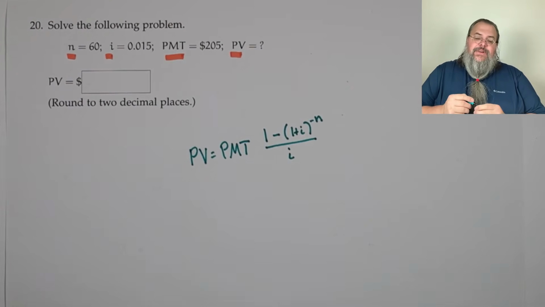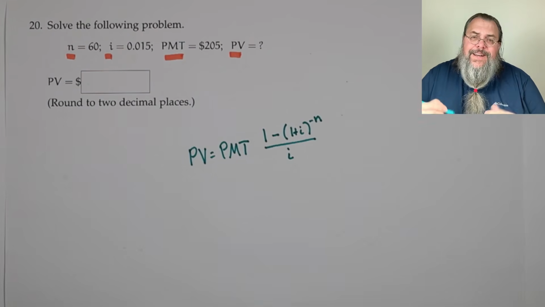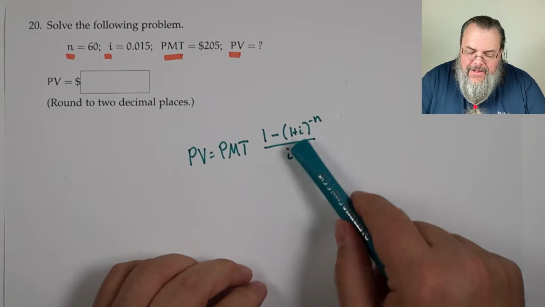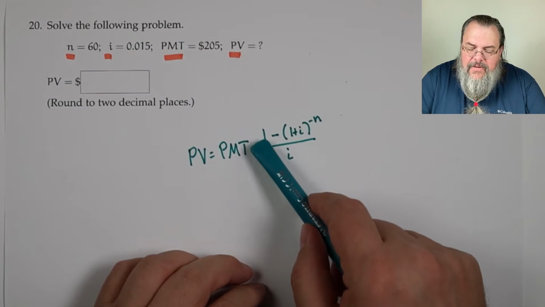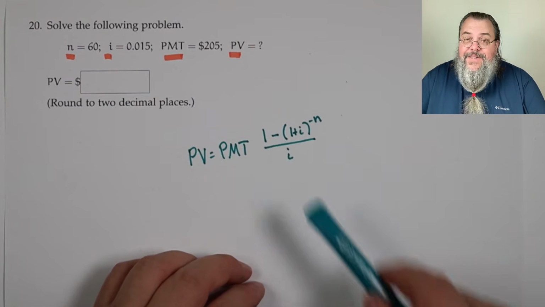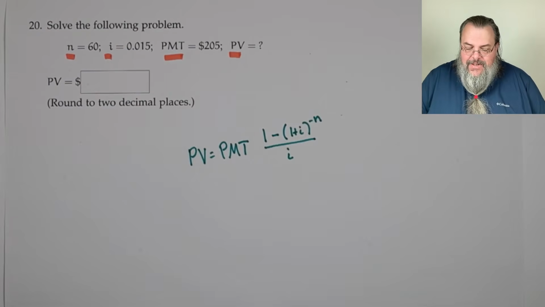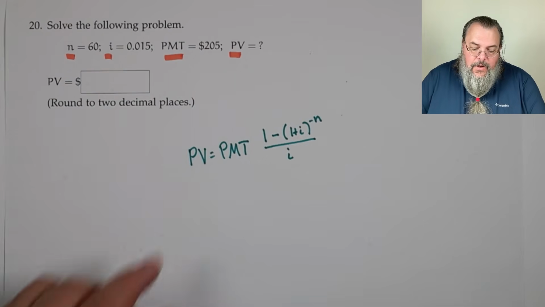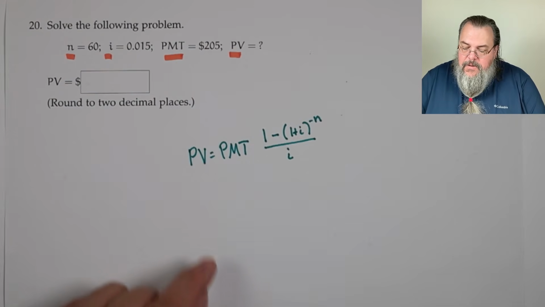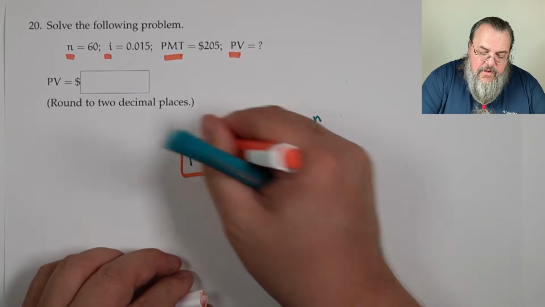The present value and the future value are very different formulas. Well, they're not very different. The difference is: is it 1 plus I to the n minus 1, or 1 minus 1 plus I to the minus n? But, pay attention. Pay attention. All right. Well, we know the numbers, and we're asked to solve for the PV, so that's good.